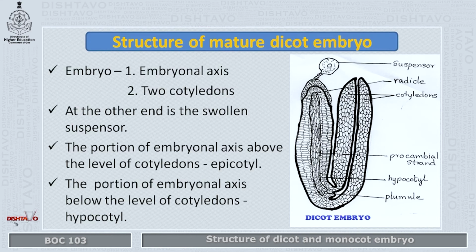Let us see the structure of the mature dicot embryo. Now, the embryo is made up of two parts, that is the embryonal axis and the two cotyledons.